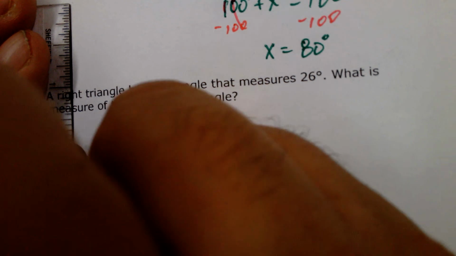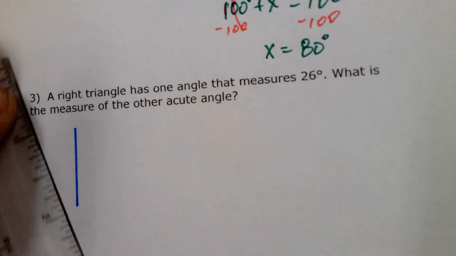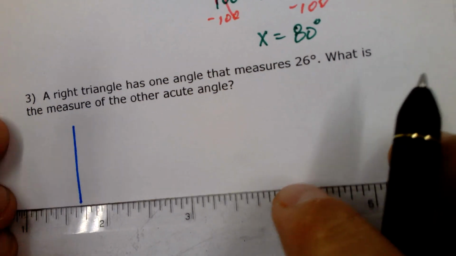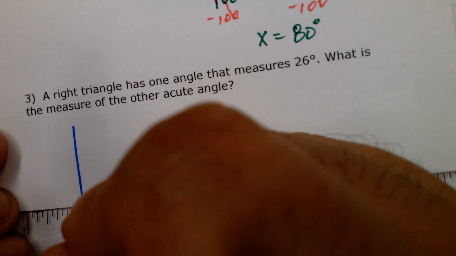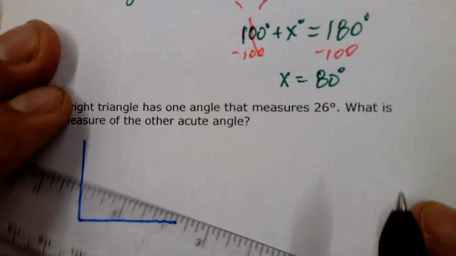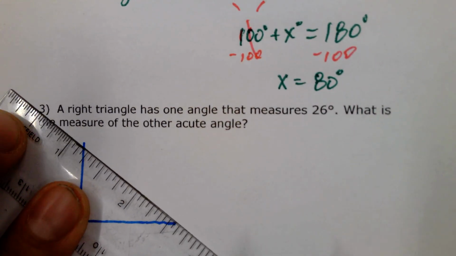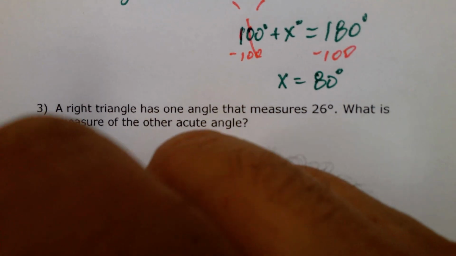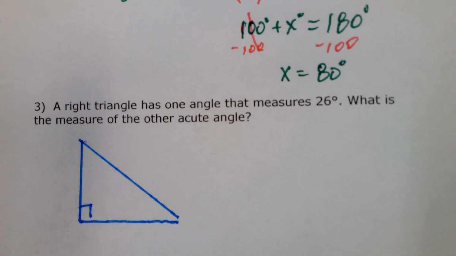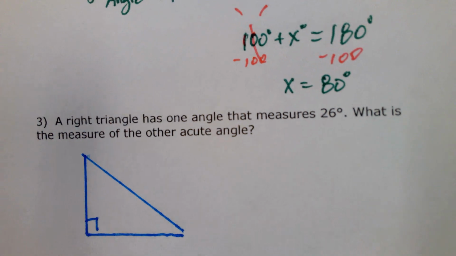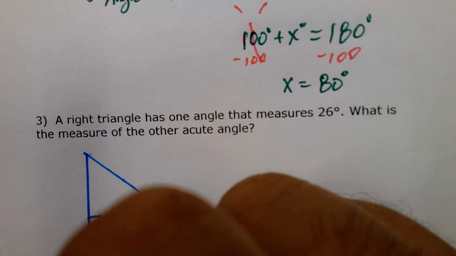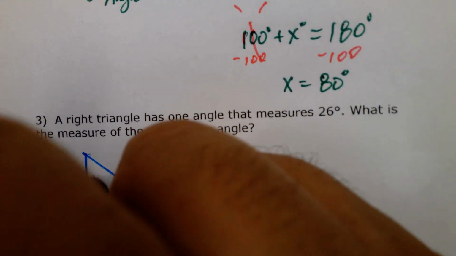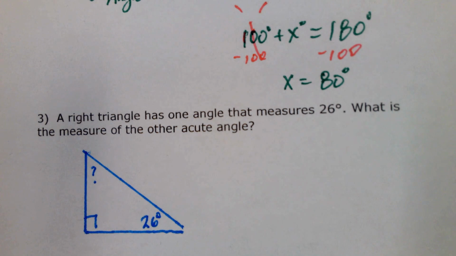So let's all draw a right triangle. And one of these angles is 26 degrees. What's the measure of the other one?